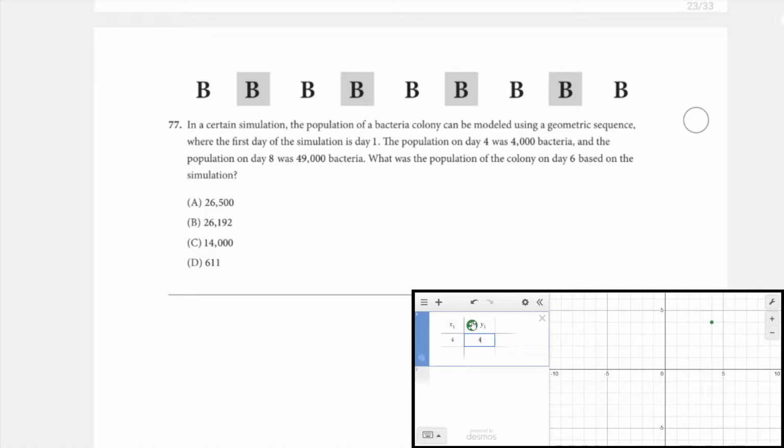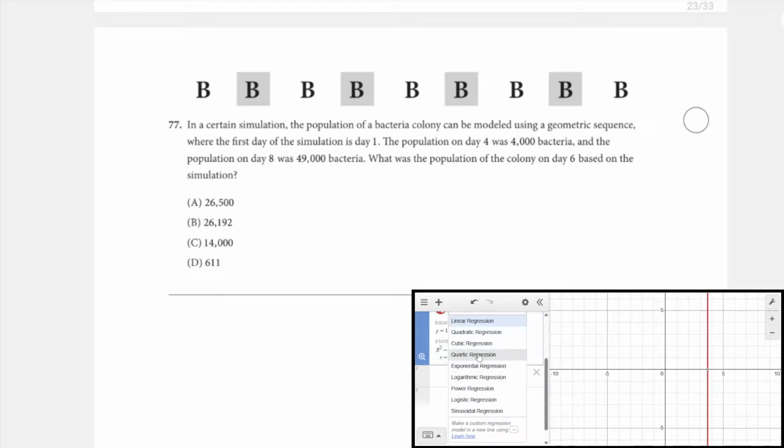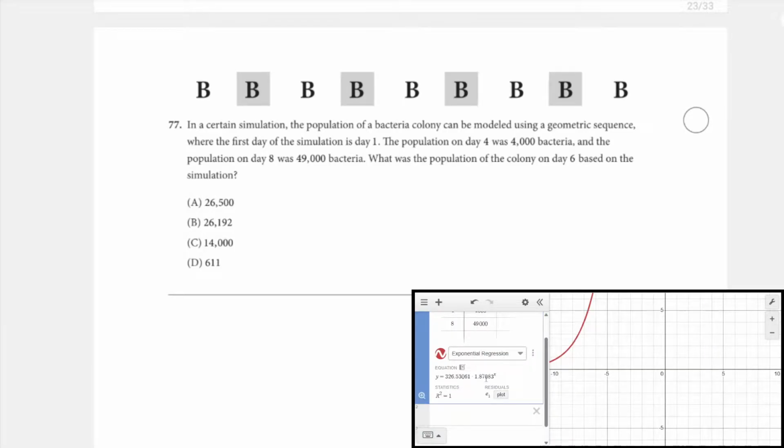Now, like right now, you see this button right here, add regression, exponential regression. Okay, great. What's the population of the colony on day 6?